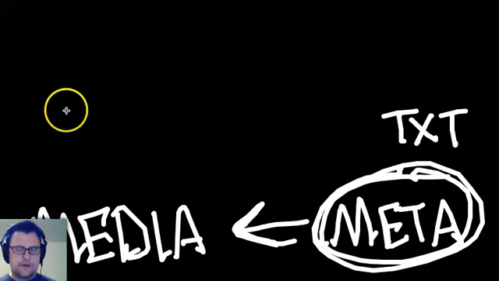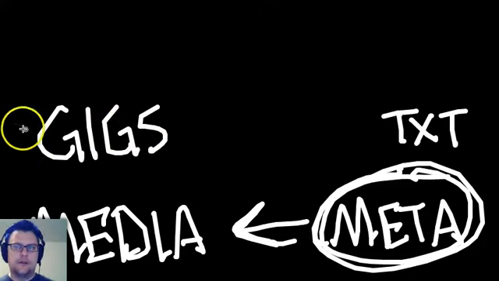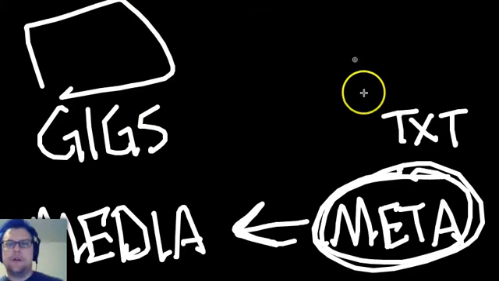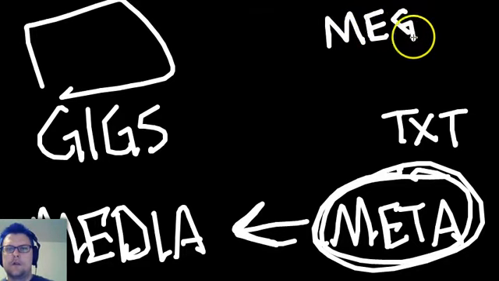So you've got gigs of media files. It's huge individual chunks. Your project files are just going to be, probably at most a few megs. And they're going to be little tiny files.